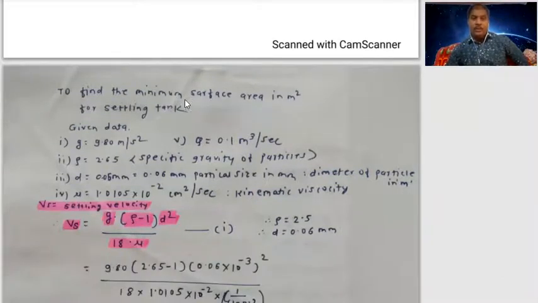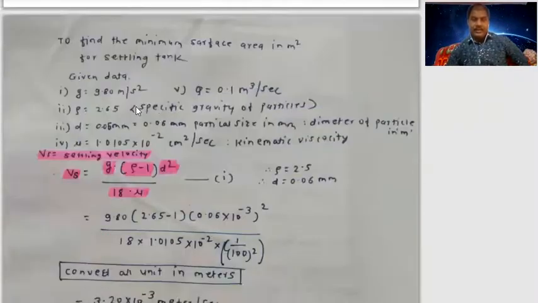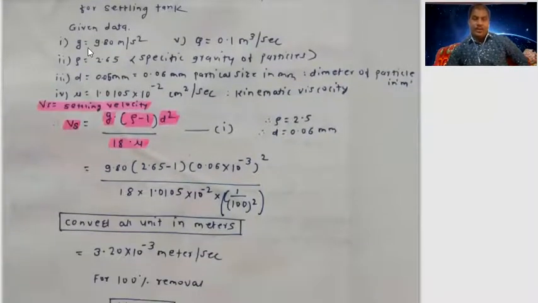Here, to find the minimum surface area in square meter for the settling tank, the given data is: acceleration due to gravity 9.8 meter per second square, discharge Q equal to 0.1 meter cube per second, specific gravity 2.65, diameter of the particle 0.06 mm, and kinematic viscosity mu 1.0105 into 10 to the minus 2 square centimeter per second.